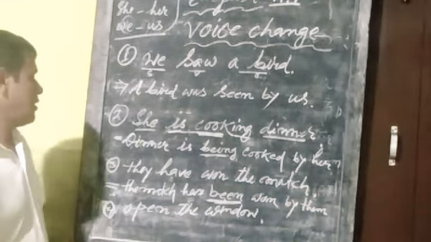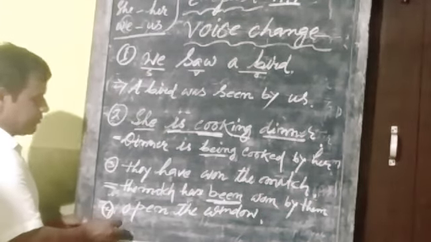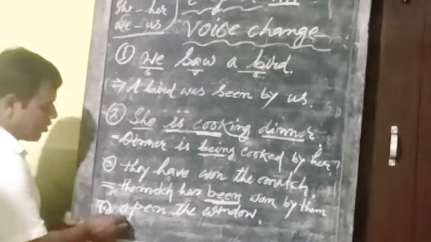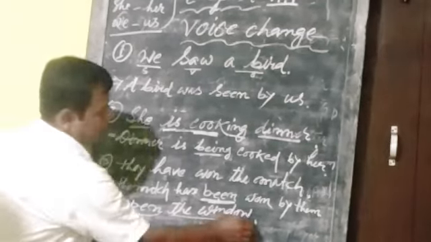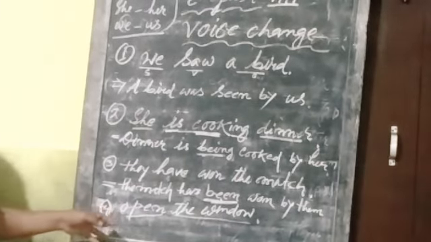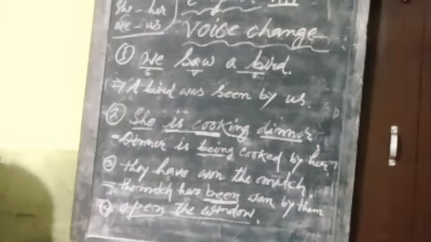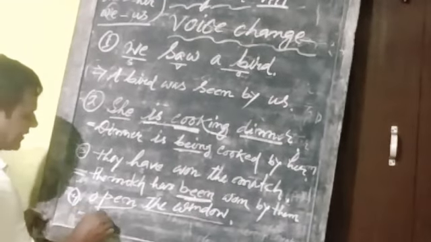Okay. Now another is there, it is called omitting subject. Means here subject is missing. Open the door, open the window. Verb, object. That means subject is missing. If subject is missing, that time we have to write first the word let.